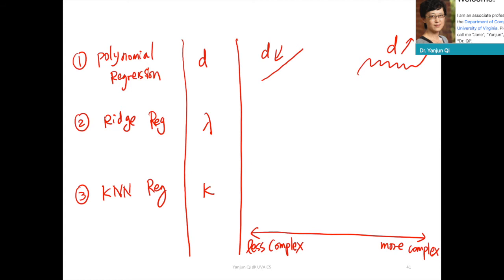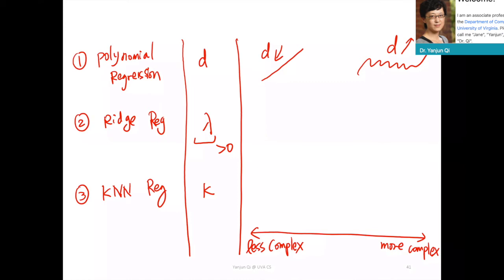And in the ridge regression case, what makes it less complex? Is it lambda large or lambda small? Is it lambda 0 or lambda infinity? Remember, lambda is a positive number, so this is very important. Lambda represents the shrinkage, remember the shrinkage concept.